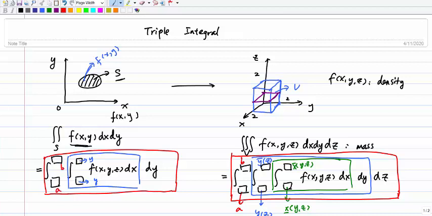Now if we move one more dimension to the triple integral, we're talking about integration over some 3D space. For example, here I give a 3D space. It's basically a cube, and the length in each direction is 2: along the x-axis is 2, the y-axis 2, and the z-axis 2.